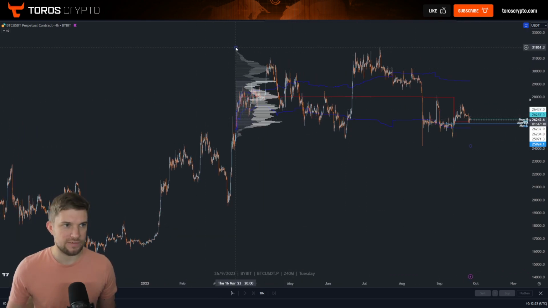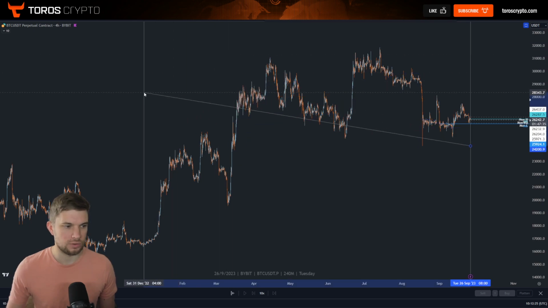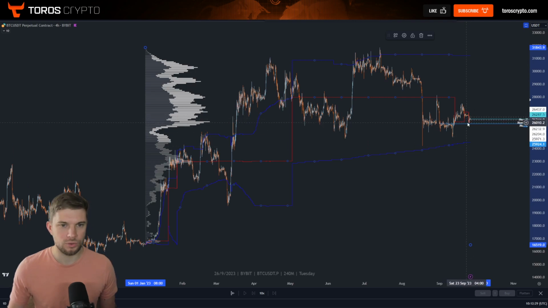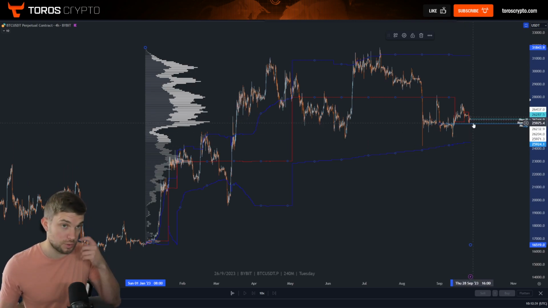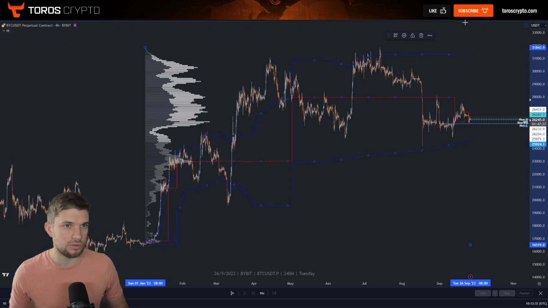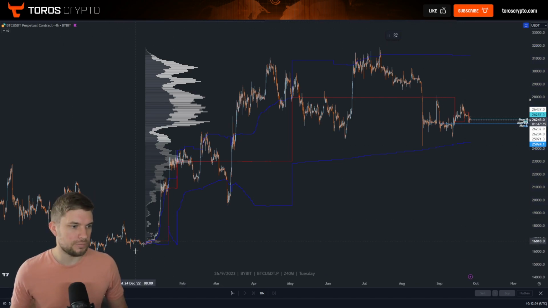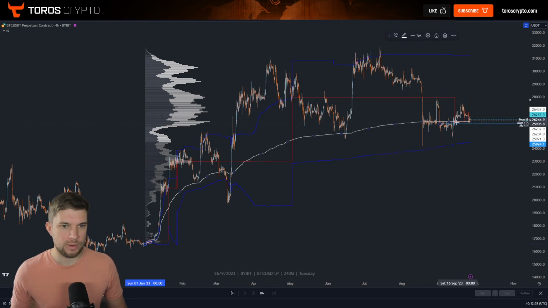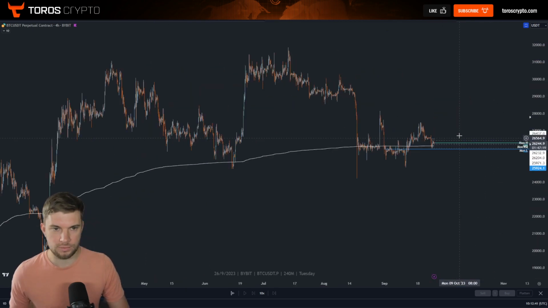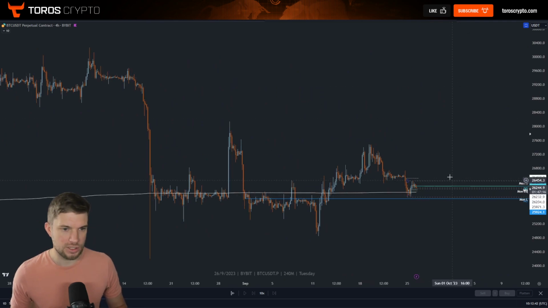And then if you take it back even further, the point of control of the year. All coming in at that $26,000 level. And if that wasn't enough, yearly, where are we? Yearly VWAP. So there's your support, and so far it had a decent bounce from there.